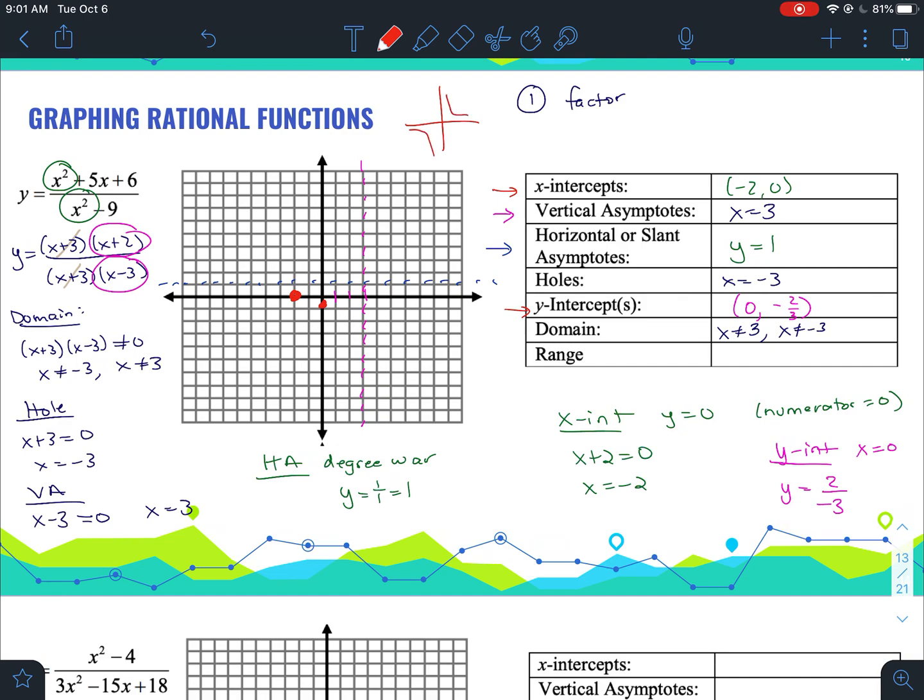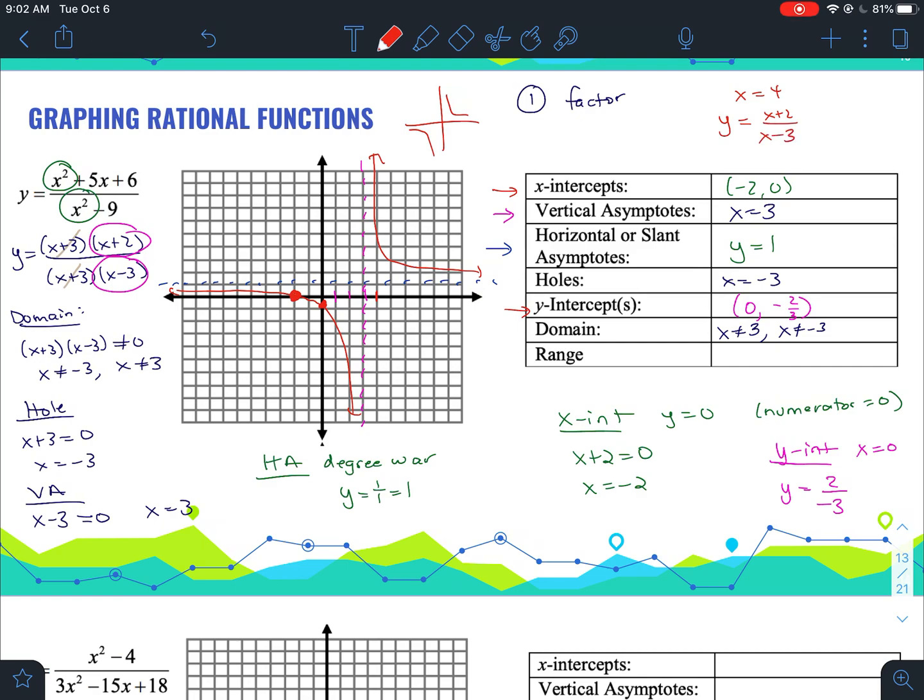Well, it looks like it's going to be following these guys. We can do a couple more points to help us, but it looks like this piece is following this. And then I'm guessing that the other piece would be reflected up here doing the same thing. But to test it, let's just test what happens if I plug in one of these points. So that's 1, 2, 3, 4. So let's test what happens if x is equal to 4.